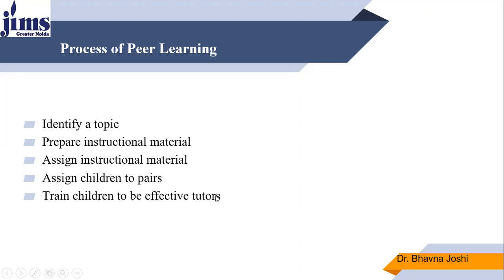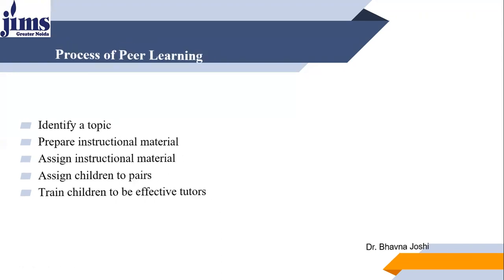That is explained to the peer tutors, along with the outcome the teacher wants. The tutors are also told that they need to be empathetic towards others, speak very positive words, and give very positive remarks. This kind of training is given to the tutors to make them effective. So this is the process of peer learning.